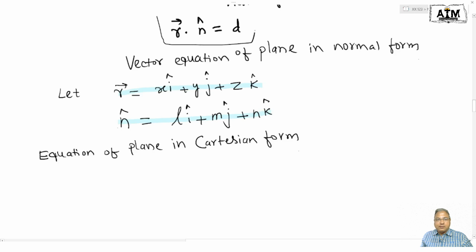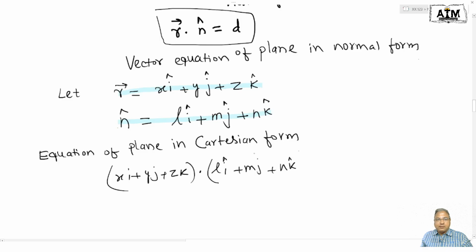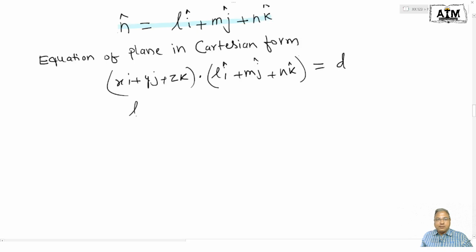Since the vector equation is given by vector r dot n cap equals d, putting these values of r here, xi plus yj plus zk dot n cap, that is li plus mj plus nk, equals d. Now taking the dot product, we get lx plus my plus nz equals d. So this is the required equation of plane in Cartesian form.